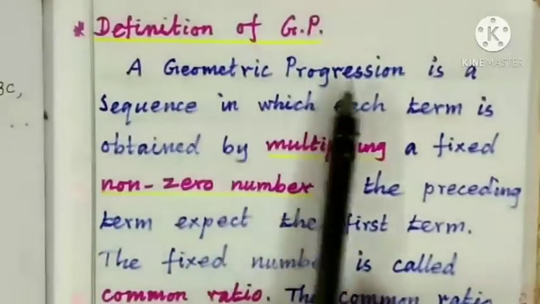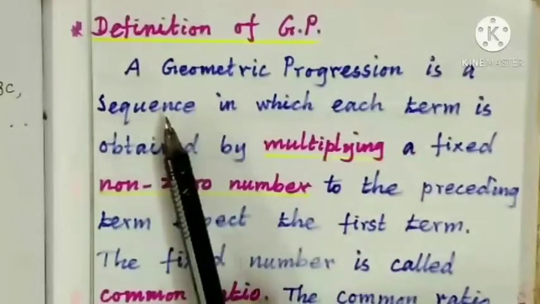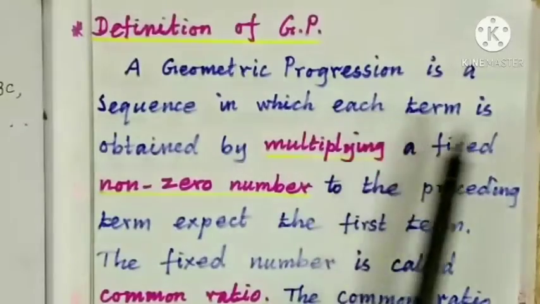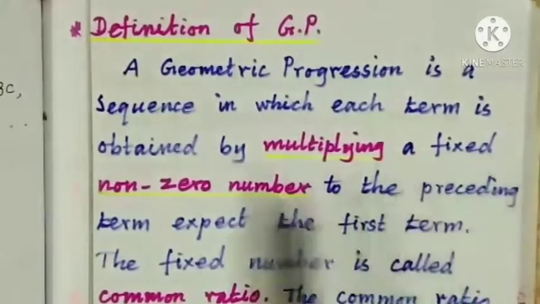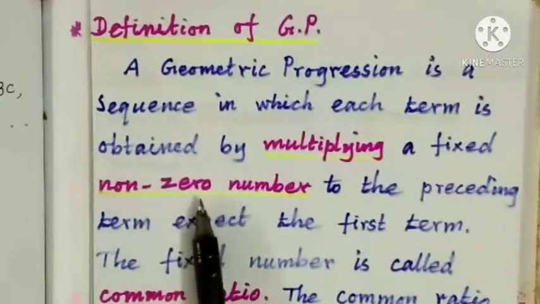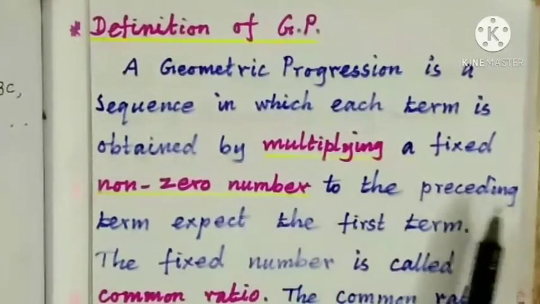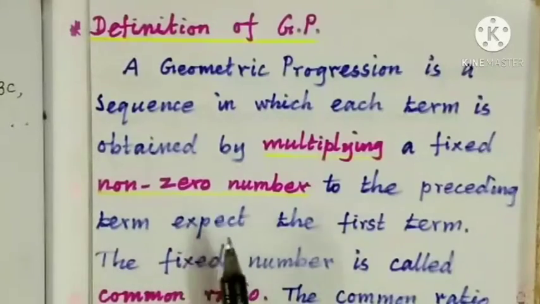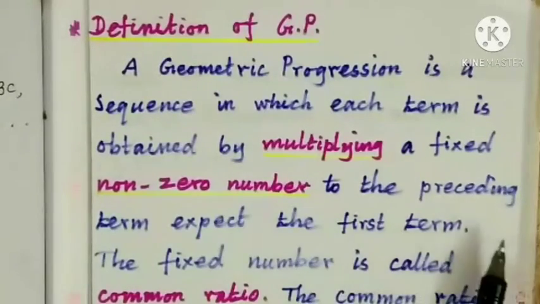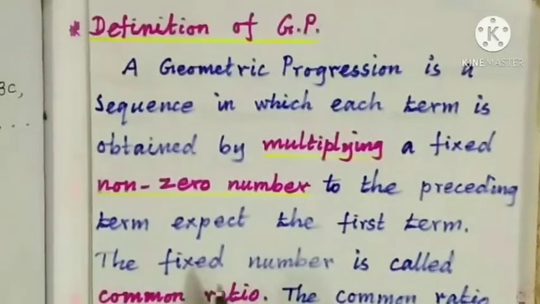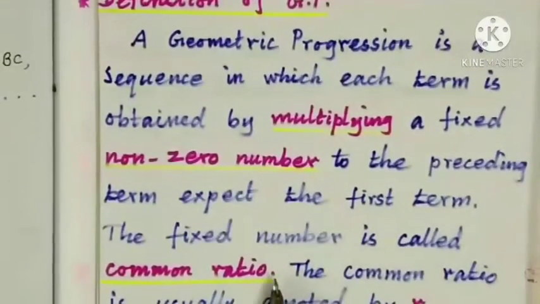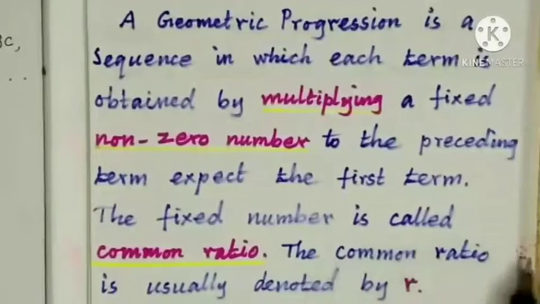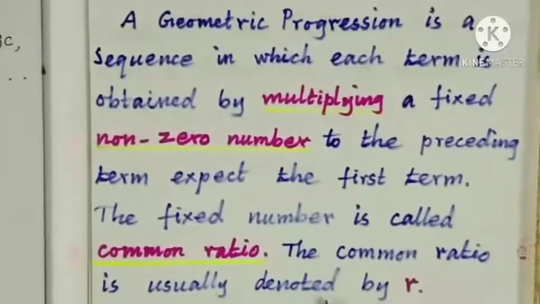A geometric progression is a sequence in which each term is obtained by multiplying a fixed non-zero number to the preceding term, except the first term. The fixed number is called the common ratio. The common ratio is usually denoted by r.